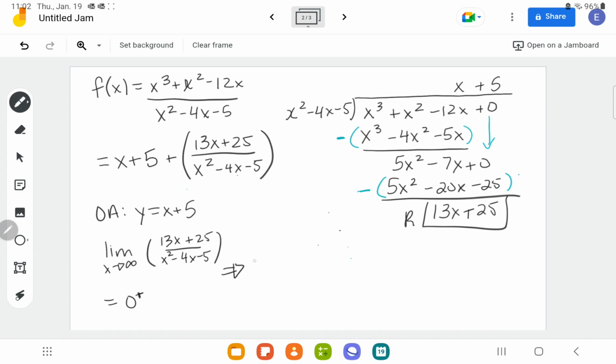So this tells us that the limit as x approaches infinity of f at x is going to equal x plus 5, but from above. This remainder is positive, so it will be added on to the line.